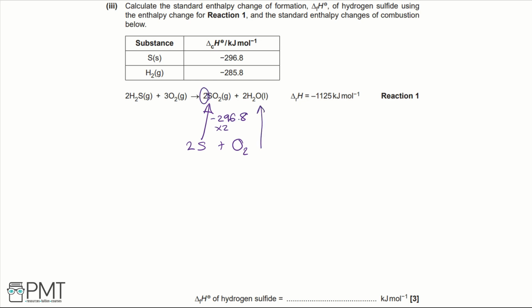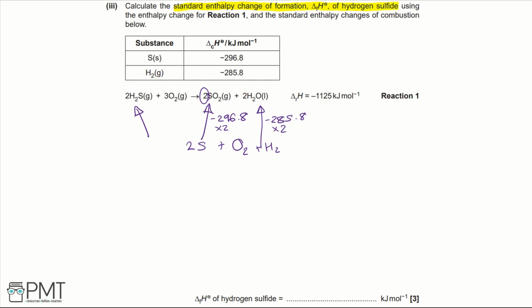Then for water, well, that's the combustion of hydrogen. So that's going to be equal to minus 285.8 times 2, and we need to add some hydrogens to the bottom of our Hess's triangle. And then we want the formation of hydrogen sulfide, which is what we've been asked in the question to calculate, the standard enthalpy change of formation of hydrogen sulfide.